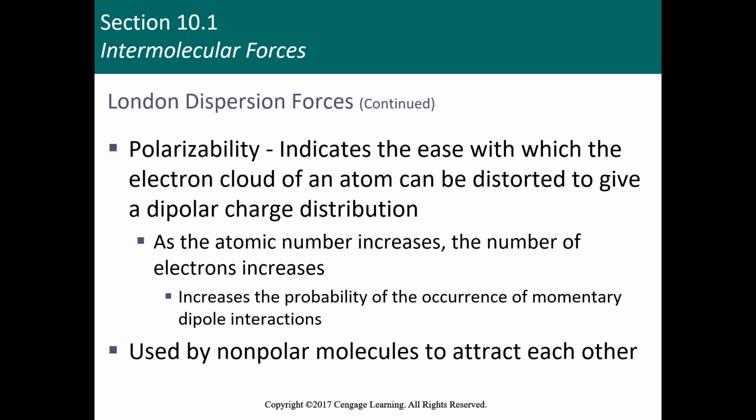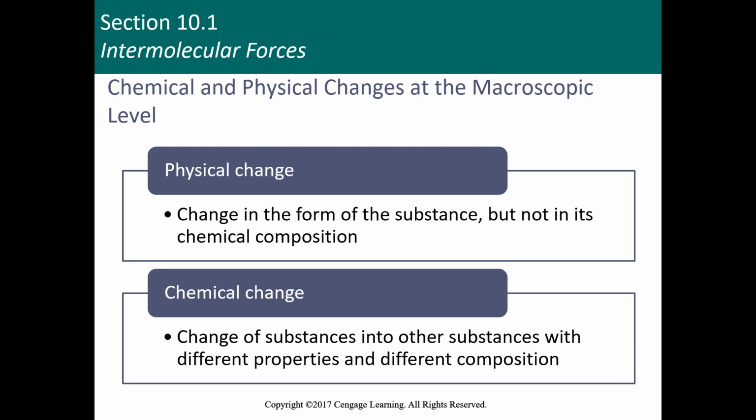So as the atomic number increases, as you have more electrons, typically you're going to be more polarizable, which means that you can have these temporary dipole charge distributions happen more often. This is going to increase the probability of having that momentary dipole interaction occur. This is used by all the nonpolar molecules to attract each other.